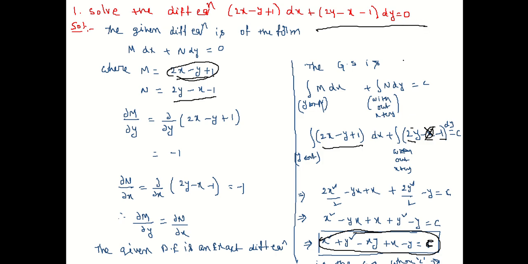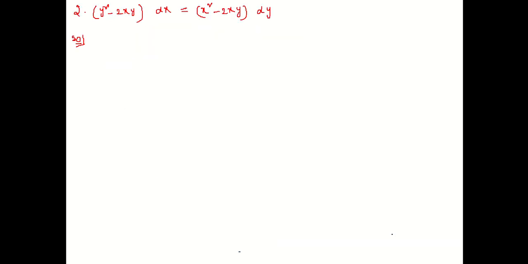Finally we are finding the answer, which is the relation between dependent and independent variable with an arbitrary constant. The number of arbitrary constants is the order of the differential equation. So that is the general solution. I hope everyone understood this problem, and go for the next one.